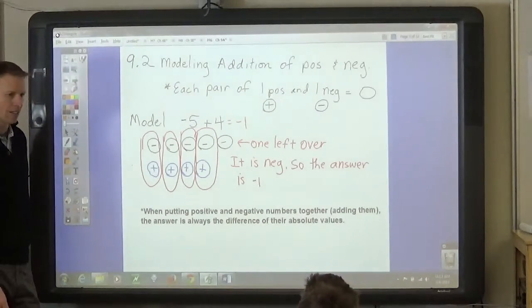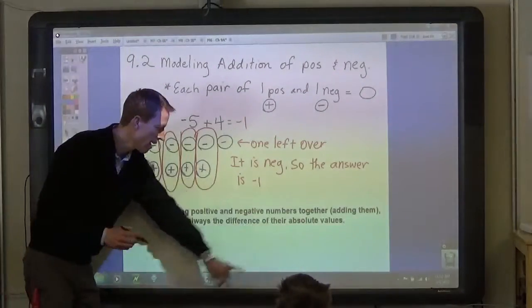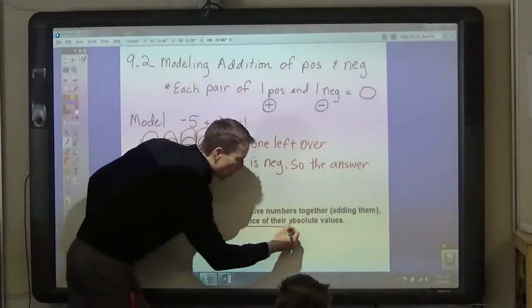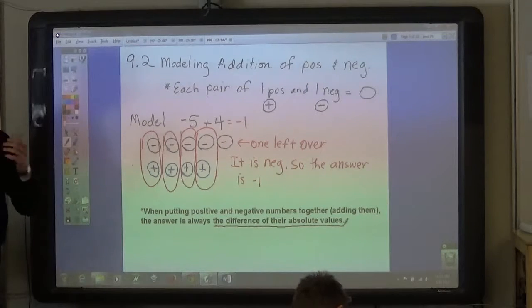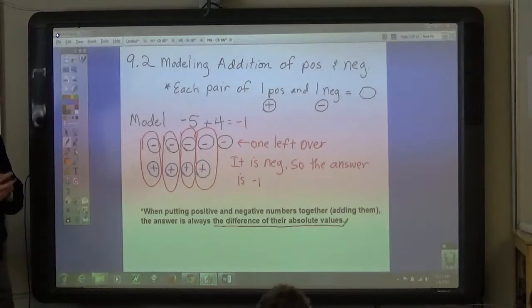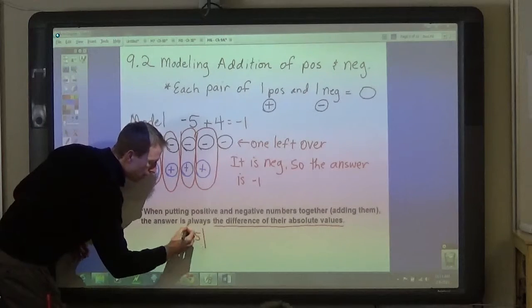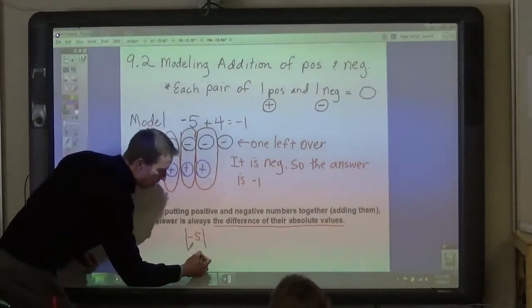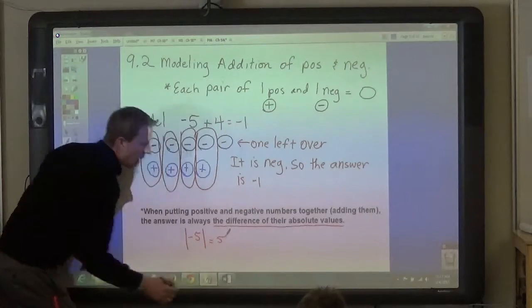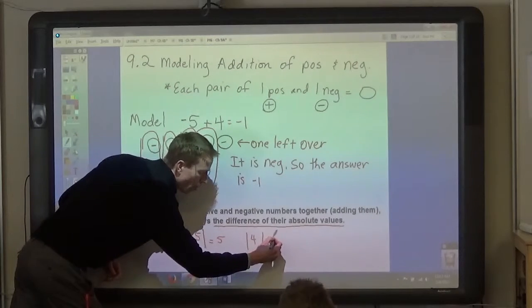Okay? Let's go back to what we talked about with absolute value, because it says the difference of their absolute values. And that's the language that the book will use, to find the difference of their absolute values. So, what's the absolute value of negative 5? 5, we talked about that. That equals 5. And what's the absolute value of 4? That's 4.